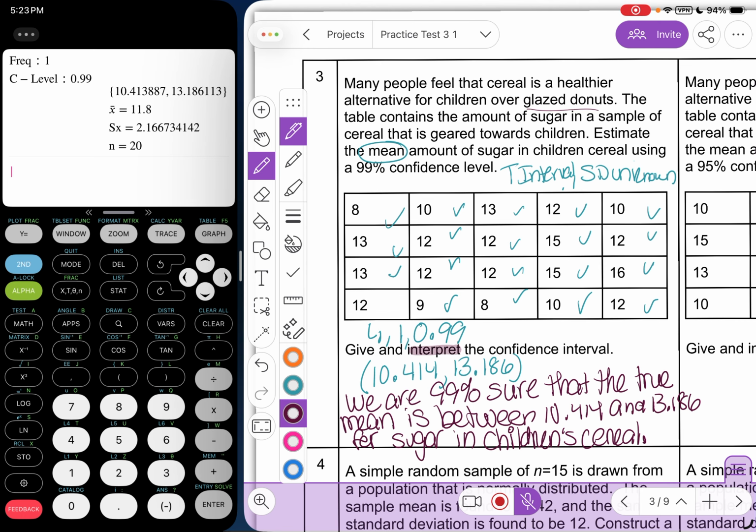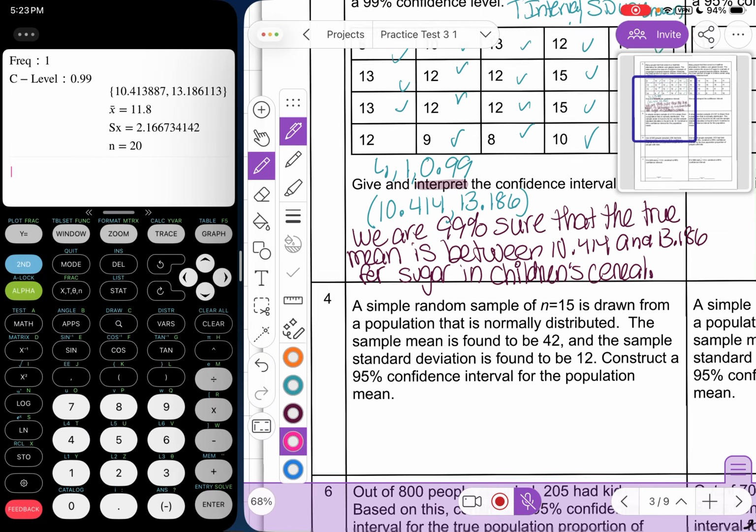Now I want to know what's in glazed donuts. All right, let's look at the next one.